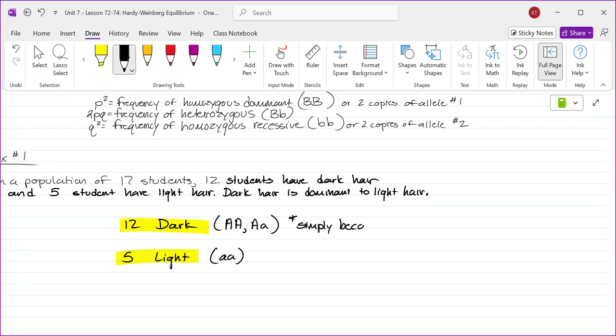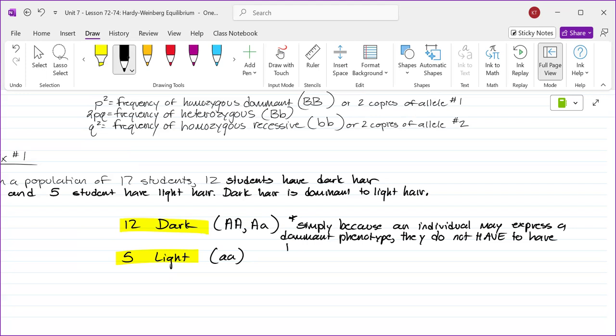Simply because an individual may express a dominant phenotype, in this case, dark hair, they do not have to have the homozygous dominant genotype. They don't have to have it.